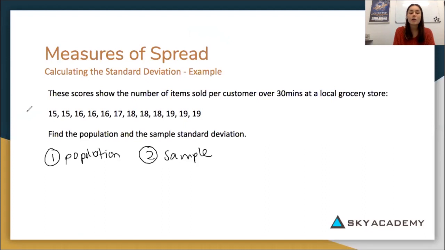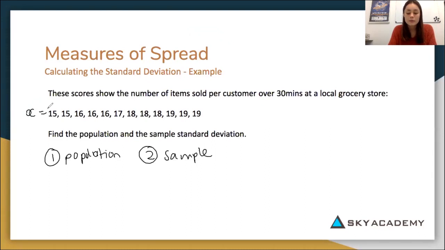So you press 15, equals, and then 15 will go into the X column. Then 15 again, and then 16, 16, 16, 17, 18, and you do that for all of the data points for this data set.